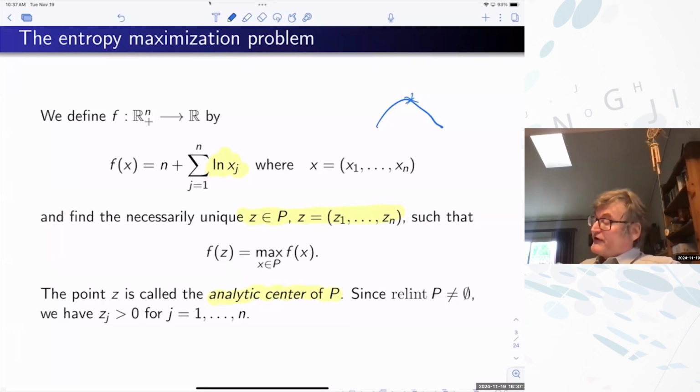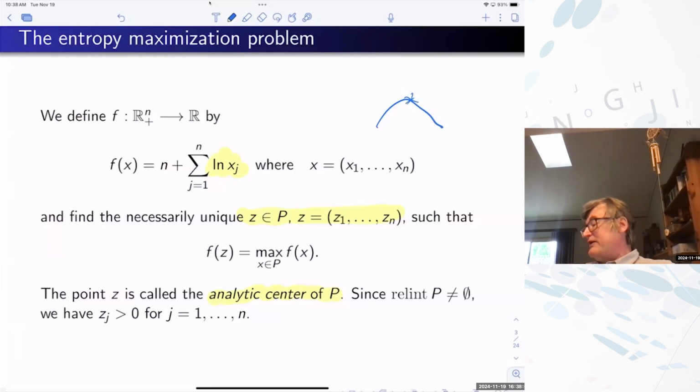It's interesting that this point is really easy to compute because you optimize a convex function. Also, for polytopes that have a rich symmetry group, sometimes you don't even need to compute it. You just know what it is because it has to be invariant under that symmetry group.